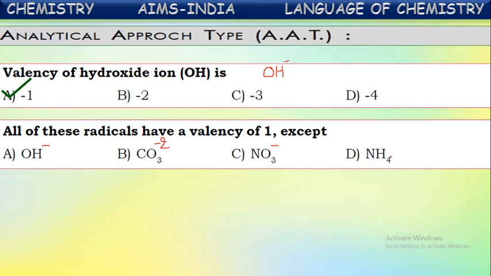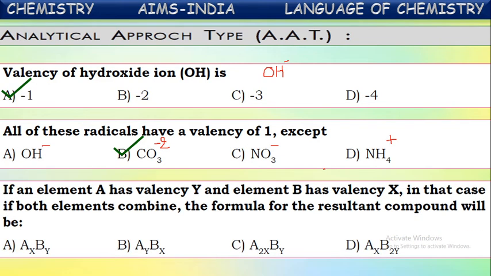Ammonium ion valency is plus 1. Now, only one ion has valency 2 here. For the remaining, valency is 1. The ion with valency 2 is carbonate ion.